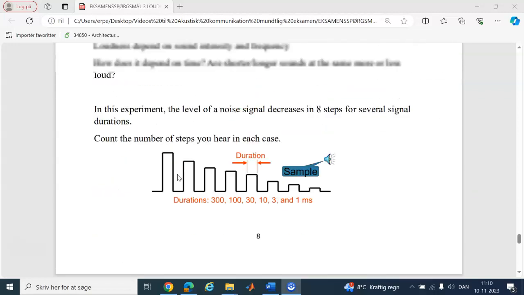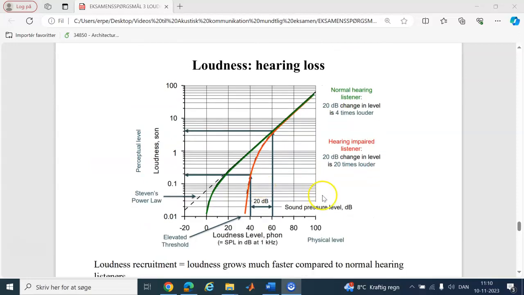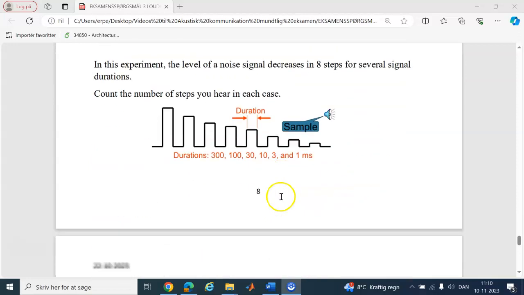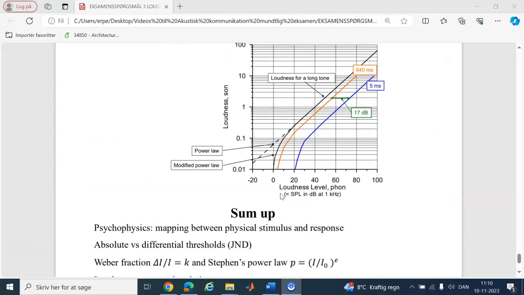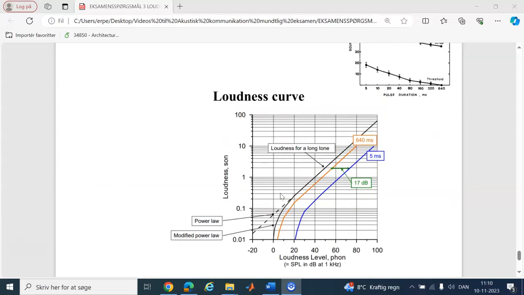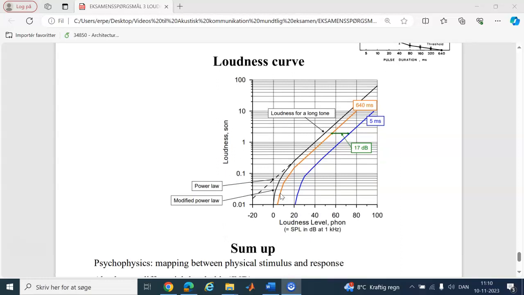Here you have loudness level, and you can record it in a loudness curve. So you have the straight line in this coordinate system, loudness level on the first axis, loudness in sones on the second axis, which is logarithmic. For a long tone the loudness follows Stevens' power law, a straight line.